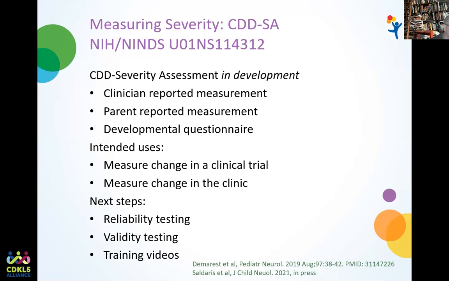Also, validity testing needs to be performed. That is, are all the questions performing the way that we want them to? And we're also in the process of making training videos such that other people can see how we administer the severity assessments and see how we score them as well.